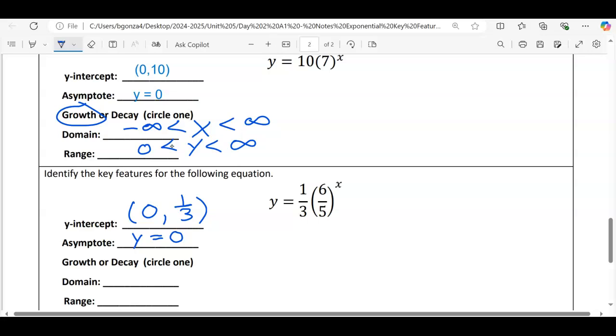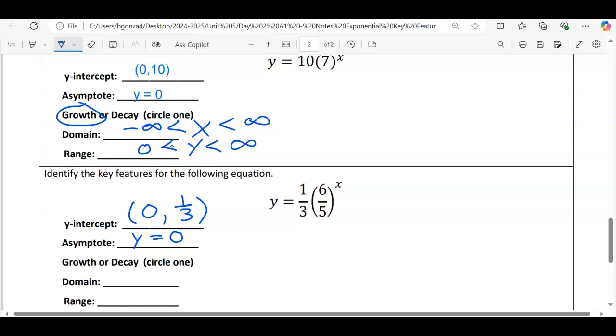Now, growth or decay. Look at the second number. 6 over 5. I know it's a fraction, but is it greater than 1 or less than 1? If fractions aren't your jam, you could put this fraction into Desmos and turn it into a decimal.